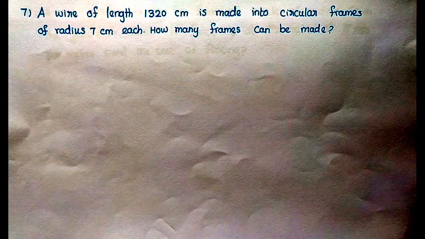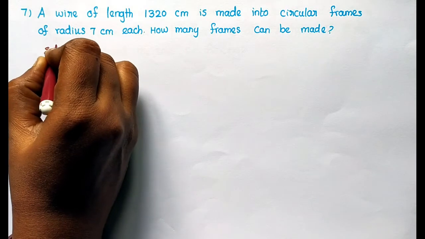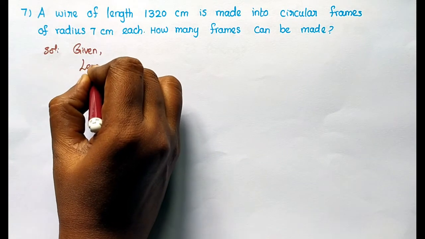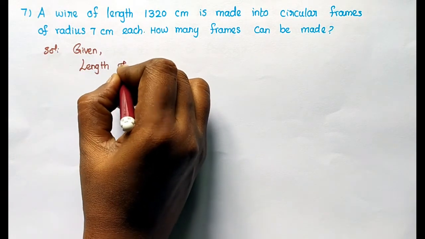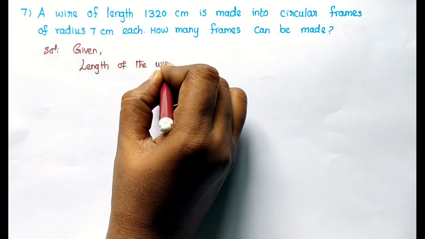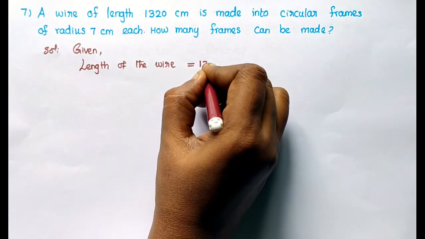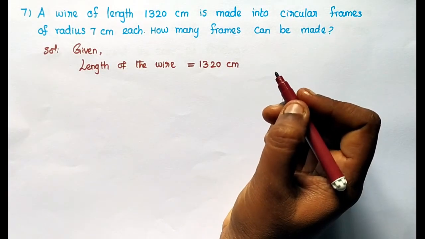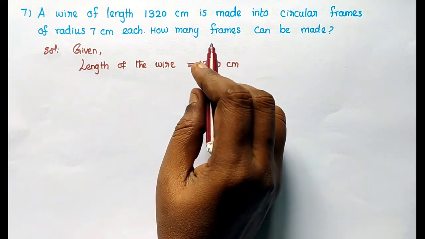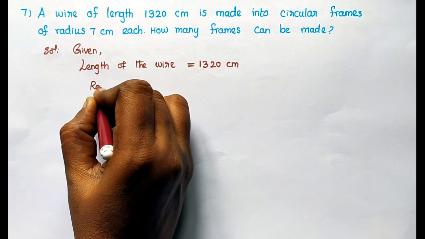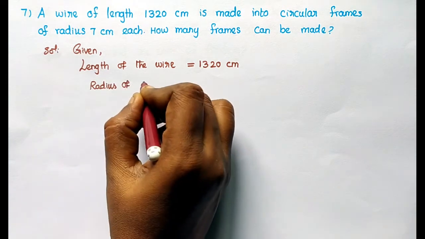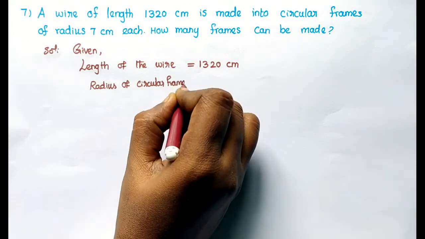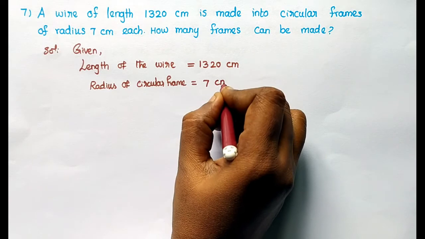Listen, a wire of length given, length of the wire equal to 1320 centimeter, and the circular frame radius of circular frame, that is equal to 7 centimeter.